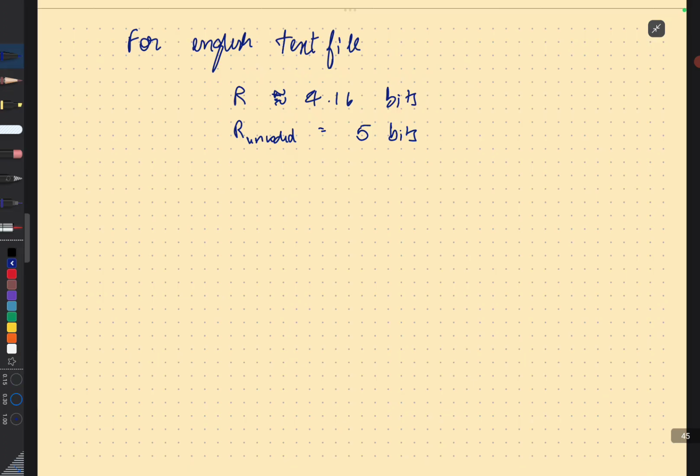I'm sorry, I think it was not 4.16 bits, but rather something closer to 4.19 bits, right? 4.19 bits. And the entropy obtained from the empirical frequency was found to be around 4.16 bits. So if the entropy is 4.16 bits, we're getting close to that. So that's a good sign.